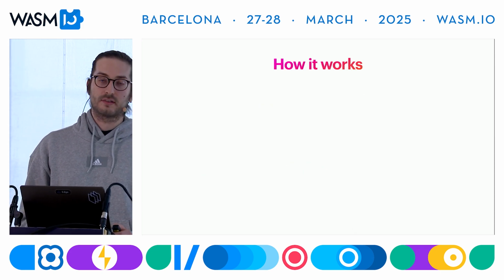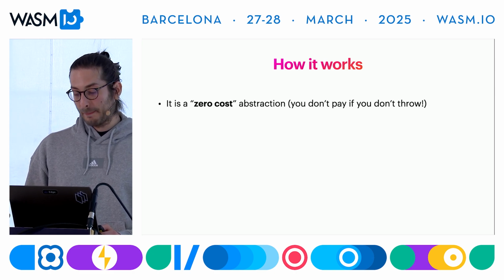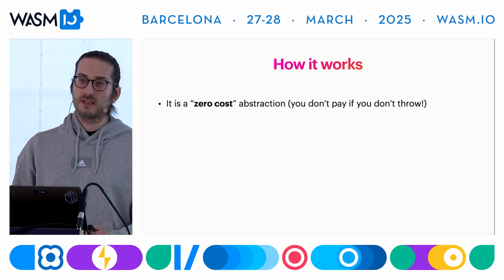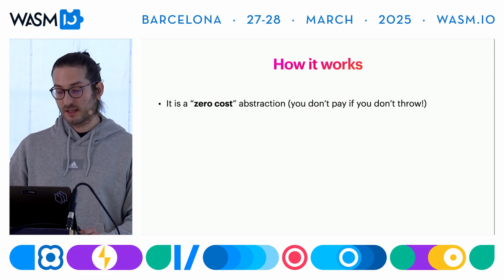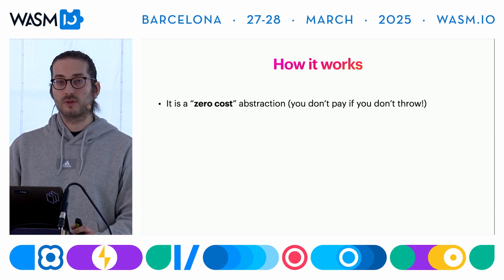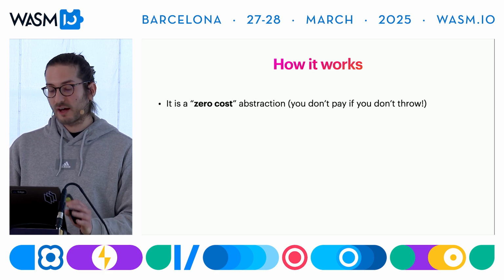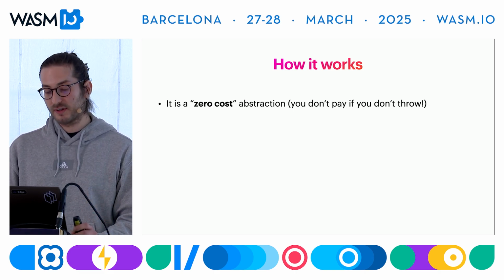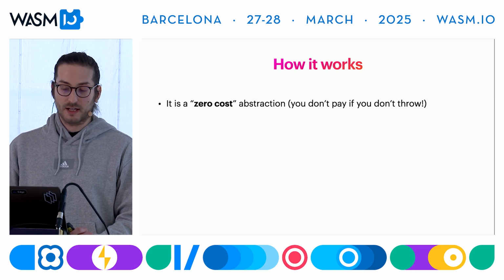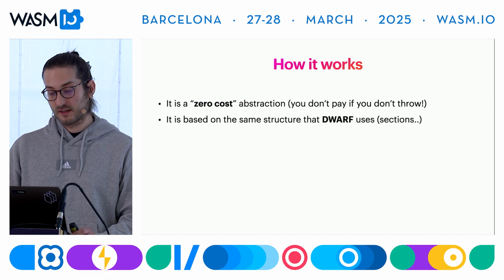And let's get a bit more into the depth of how it works. It is a zero-cost abstraction, this flavor of exception handling, in the sense that if the functions you have do not throw an exception, you don't pay an overhead to have them in your runtime or in the object file. So if you don't throw exceptions, you don't pay any cost during execution.